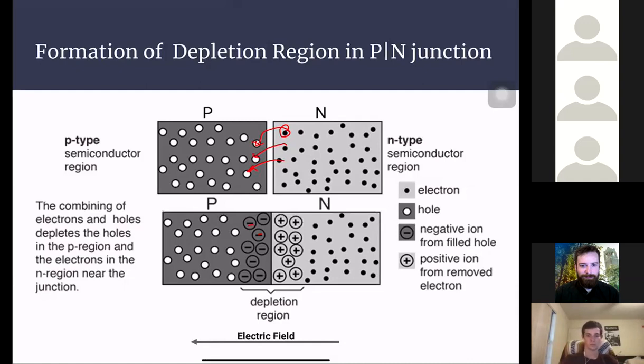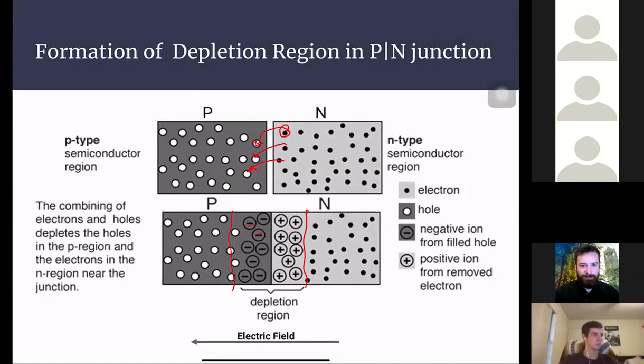Once this happens, it extends to a certain amount of region. Imagine it's still here. Now, this region doesn't have any electrons or holes, because the acceptors have accepted them and the donors have donated them. So this creates a region of positive and negative charged atoms.